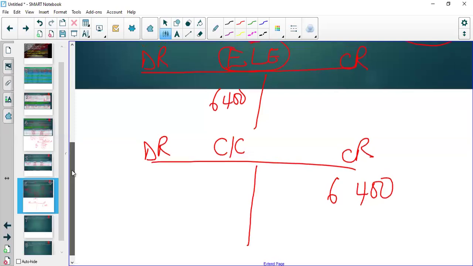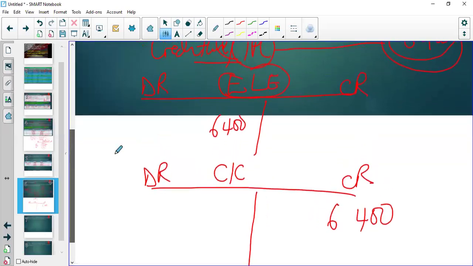Now we have recorded this in 2 accounts, right? This is the first leg of the transaction recorded here. The second leg is recorded here, right? So we have 2 legs, that's a double entry. So what that means is the description you're going to put here, you are only saying where did the other entry go. So the other entry went to credit card or trade payables control, right?